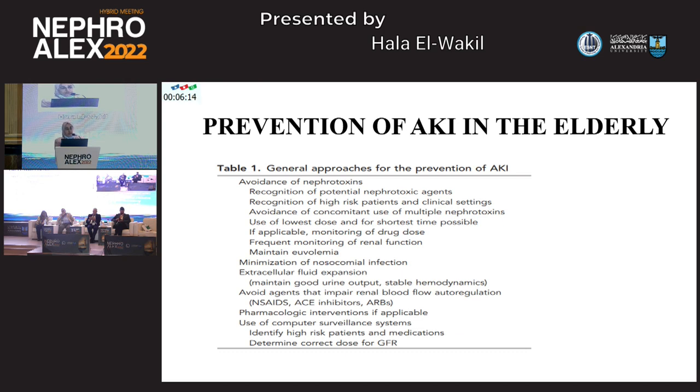Coming on the top of the list is the avoidance of nephrotoxins, which is very important, minimization of nosocomial infection, extracellular fluid expansion, avoidance of agents that impair renal blood flow autoregulation like NSAIDs and RAS blockers, and the use of computer surveillance systems and e-alerts, as Professor Yasser just mentioned.